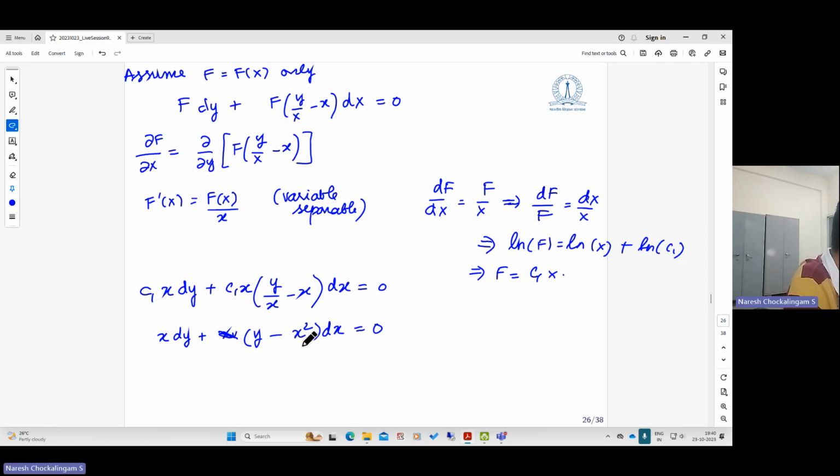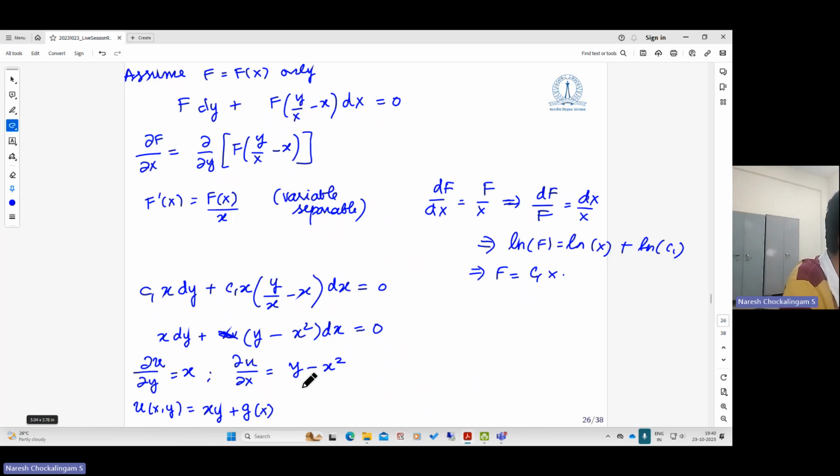So what does this mean? You can suppose there is a function u, its y derivative is x, and its x derivative is y minus x square. Now integrate these separately. So u of x comma y is, integrate this, you get xy plus some function of x only because the integration is with respect to y.